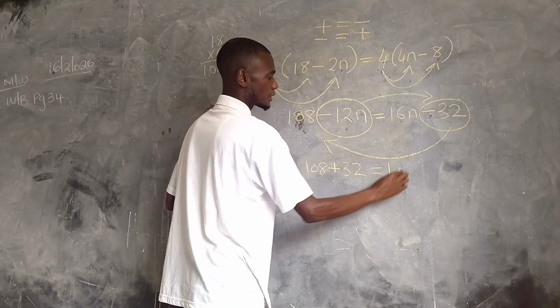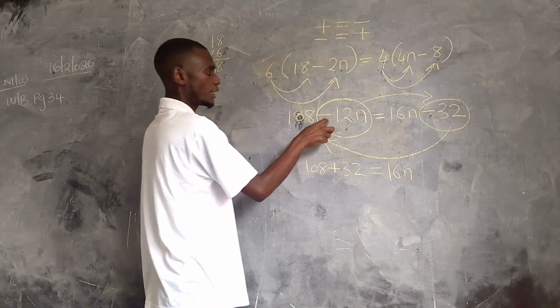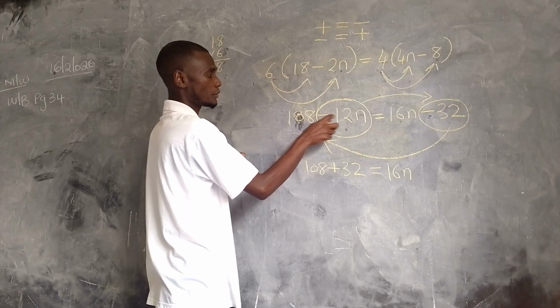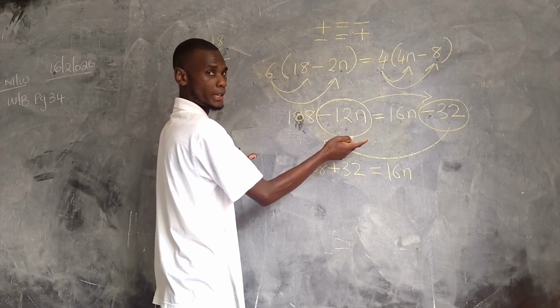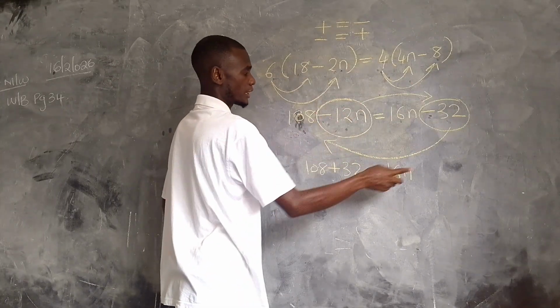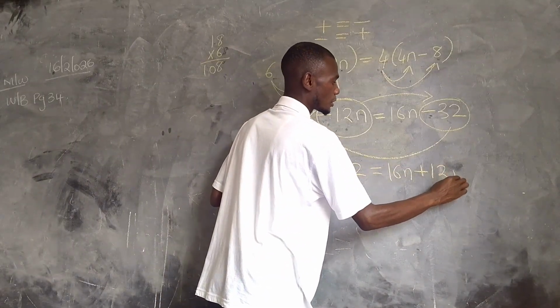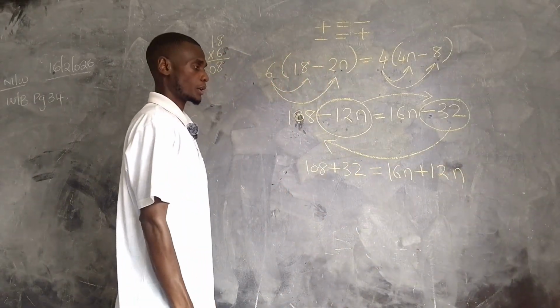This side we have 16n, and this one is also a negative, negative 12n. If it crosses the other side, because it is a negative, it will change to a positive, so you will have positive 12n.